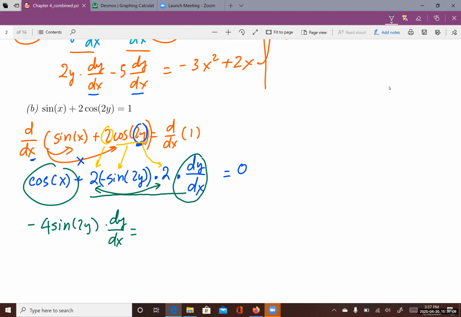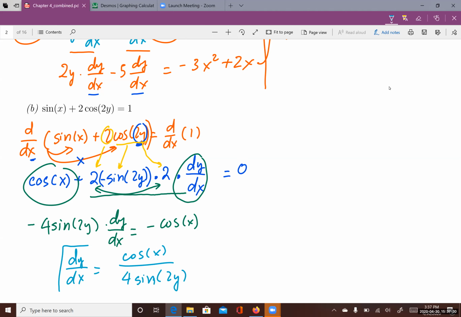I bring this to the other side, negative cosine of x. Okay. Then the last step is I just want to solve for dy dx. Negative and negative would be positive, so cosine of x divided by 4 sine of 2y is my answer.